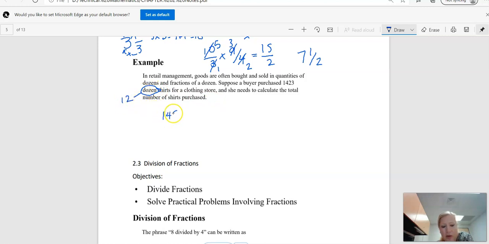And so we just need to do 1,423 times 12 to figure out that answer. So that's 17,076 shirts.